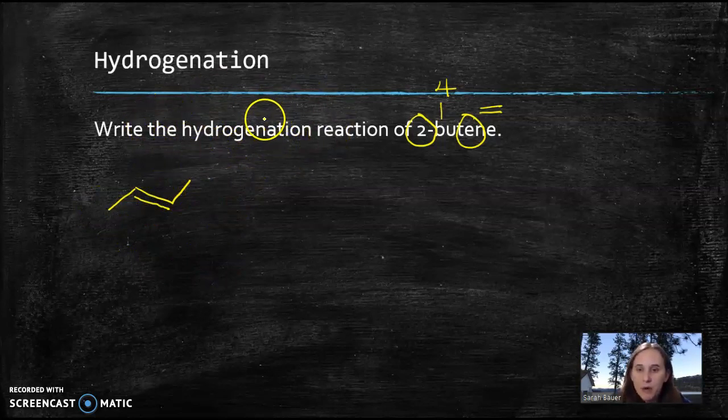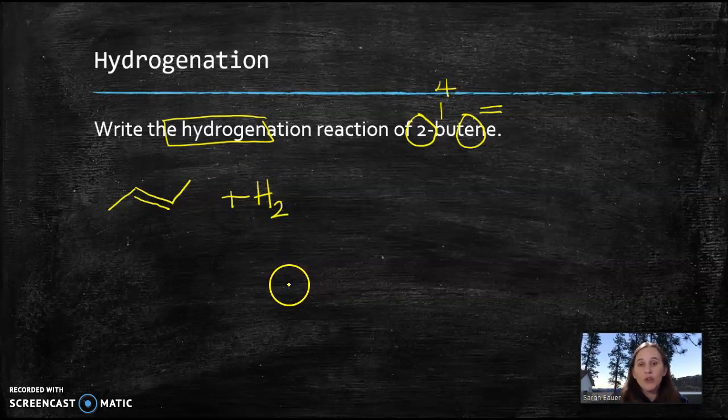So then I have hydrogenation. Remember, I have that word here, hydrogen. So that tells me I'm going to be adding hydrogen. Hydrogen, like the halogens, is also a diatomic element. So hydrogen gas, which would be used for the hydrogenation process, is actually little molecules of 2 hydrogen atoms covalently bonded together.